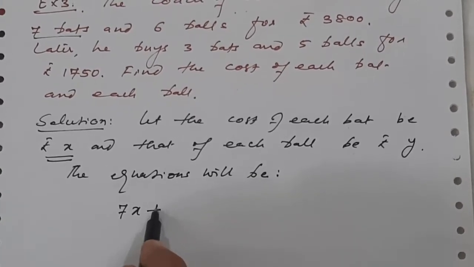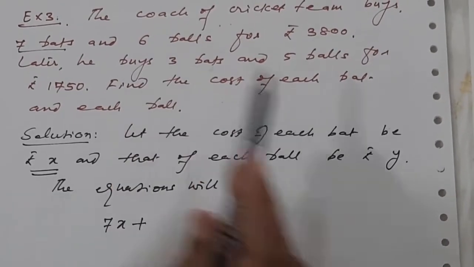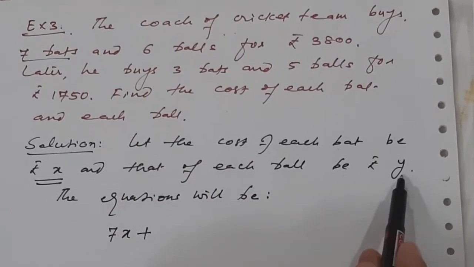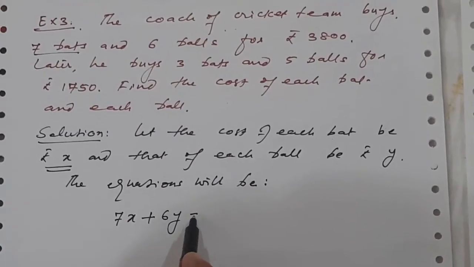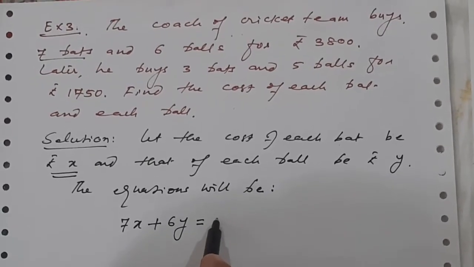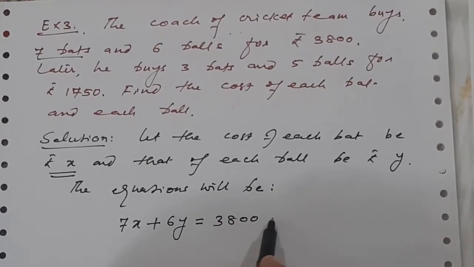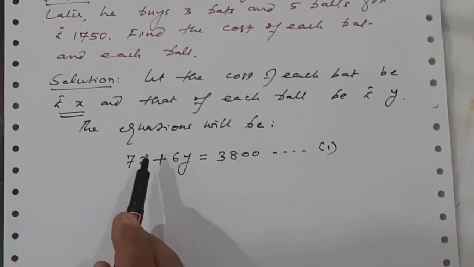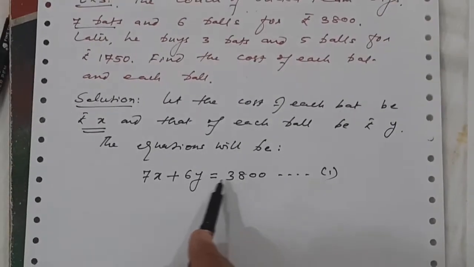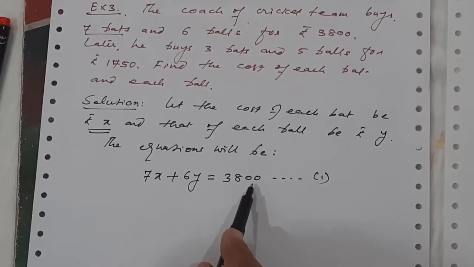Similarly, plus the cost of 6 balls. Cost of each ball is rupees y, so 6 balls will be 6y, and the total must be 3800. This will be your equation number 1. Got it? So 7x plus 6y is equal to 3800.